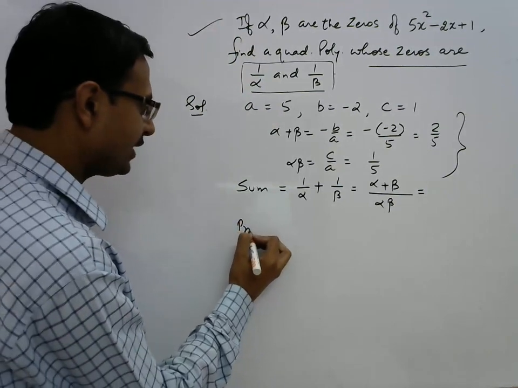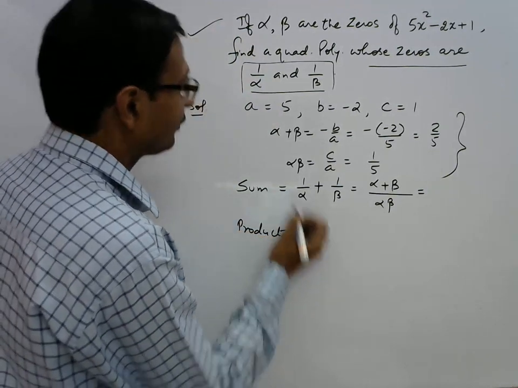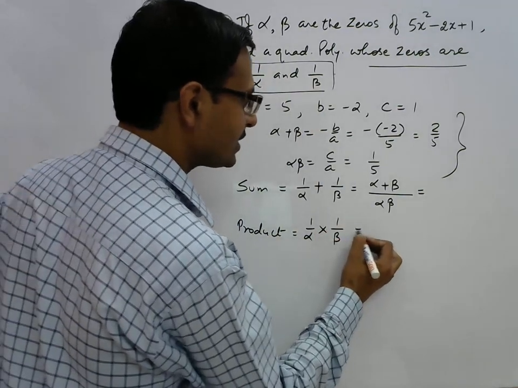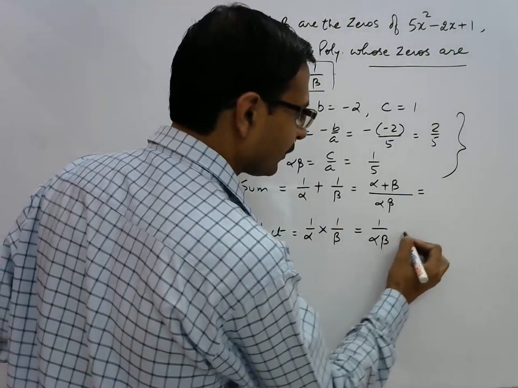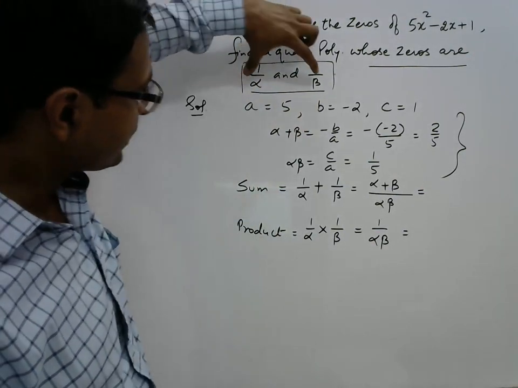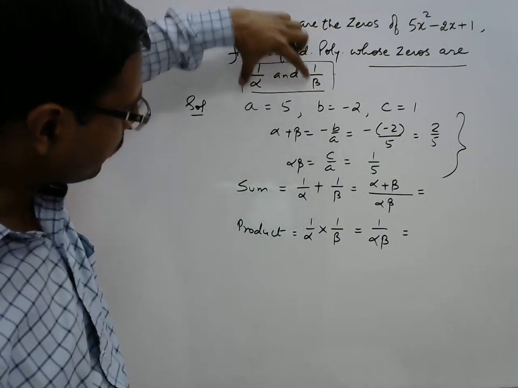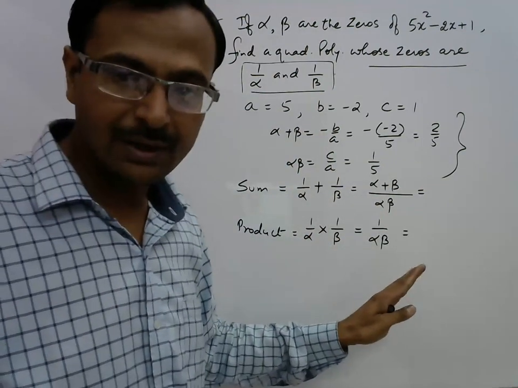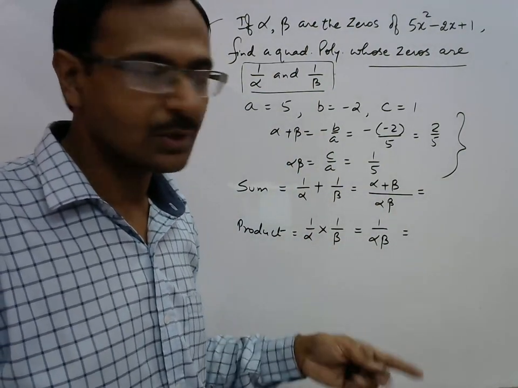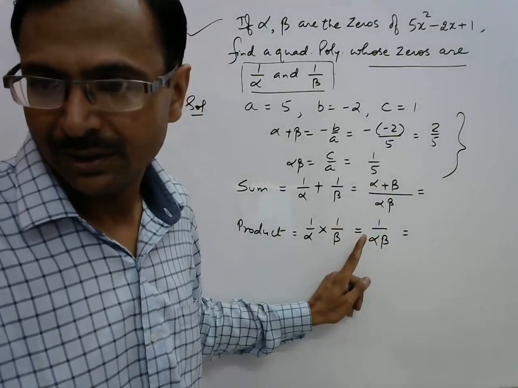And for finding the product of these two zeros, 1 upon alpha into 1 upon beta, this is 1 upon alpha beta. See, I have found the sum of these two zeros and the product of these two zeros, and now I will convert this into quantities by putting the values of alpha plus beta and alpha beta here.